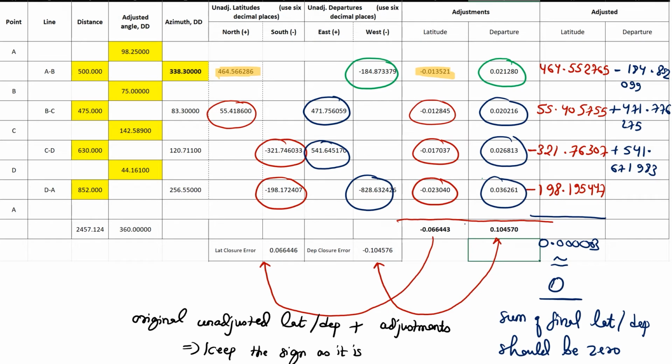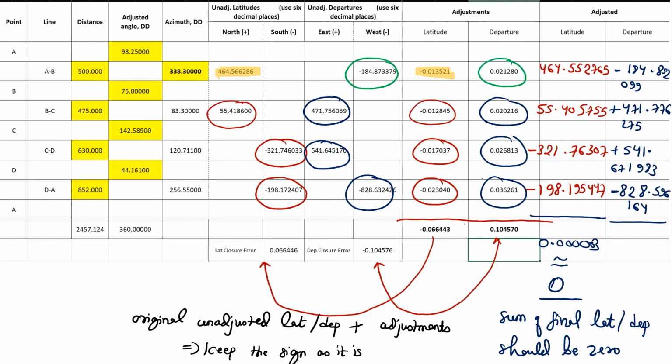So minus 828.632425 plus 0.036261, and that would give you minus 828.596164.